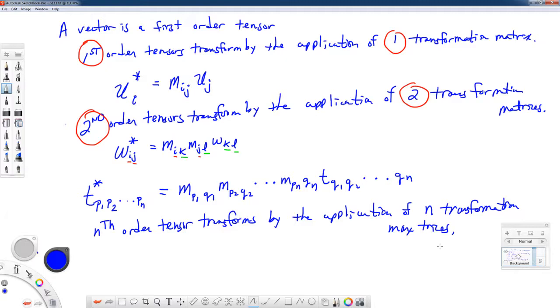If that transformation holds, then it is a tensor. Now, at this point, I want to point out that the representation of tensors that we're often talking about end up looking like matrices. All tensors can be represented in a matrix of components, but not all matrices are tensors. A tensor is something that has to obey this special transformation rule based on these transformation matrices.